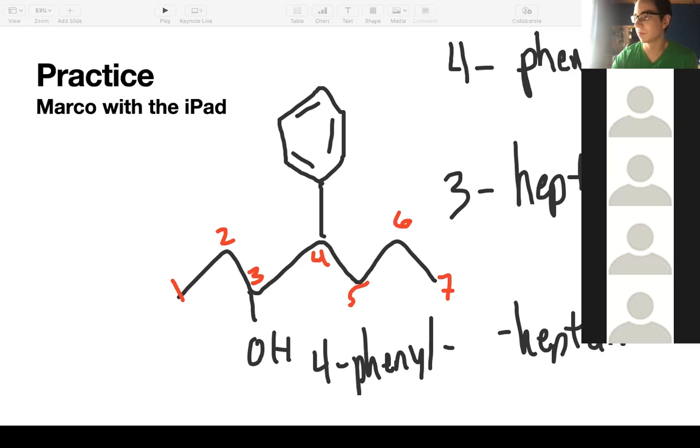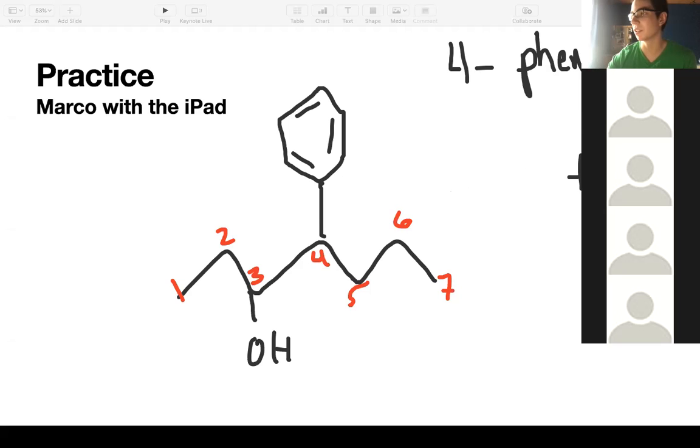So we look at this, we've identified the longest carbon chain. Let's get rid of this for now. The reason we wouldn't count this one up here in our carbon chain is because it's acting as a functional group.